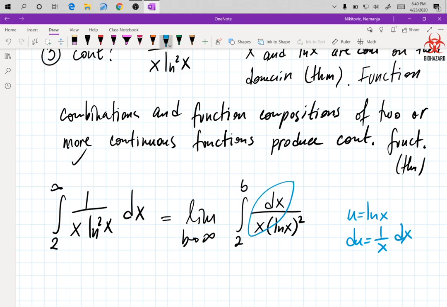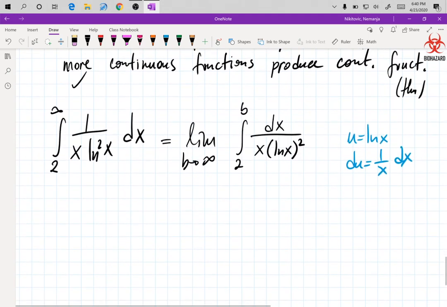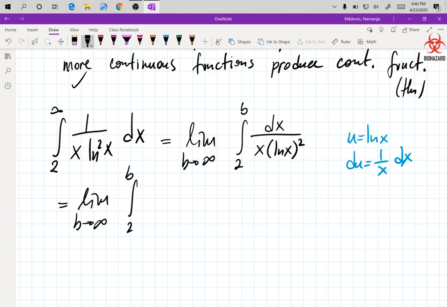So I have du and I have u squared in here. So limit b goes to infinity, 2 to b. No, still a substitute. We'll go back to x, so I'm not changing limits, because I still have to do the limit once I go back to x.